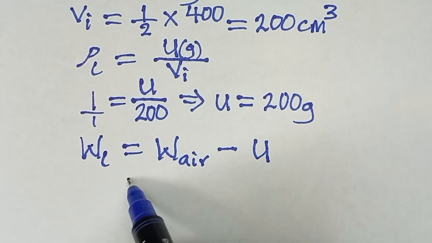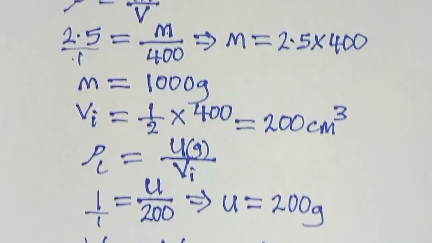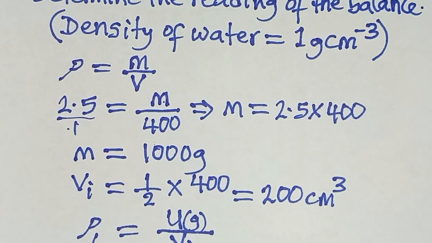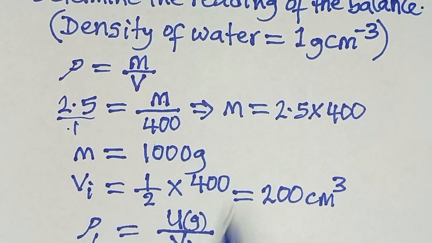So from there, I can now move on and say weight in air, which is 1,000. Don't forget, we have calculated that at the beginning; it is actually mass, because we are dealing with mass in this question.